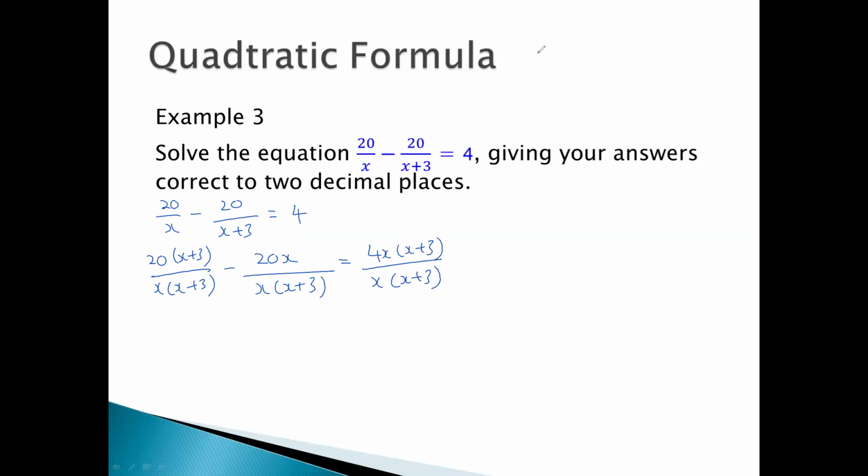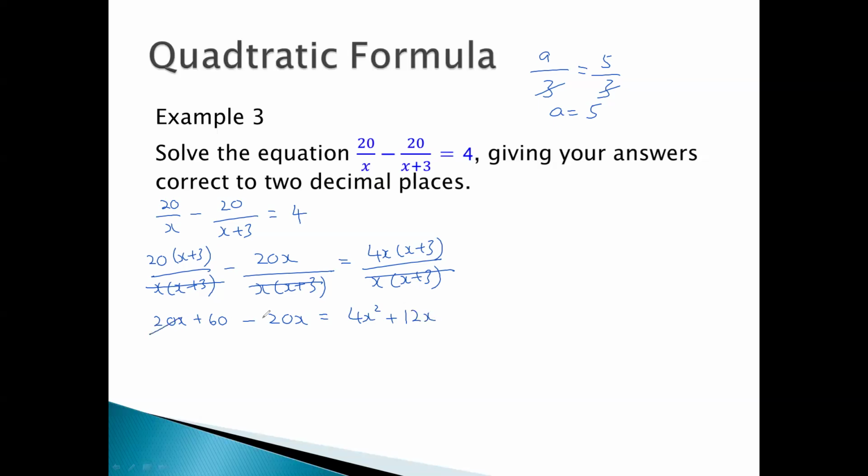Now, based on the concept of if a over 3 equals 5 over 3, you can cancel this and say a = 5, right? So right now I can cancel these denominators and I get an equation without any fractions. So what do I do now? I can simplify it. 20x + 60 - 20x, and I expand the right side, 4x² + 12x.